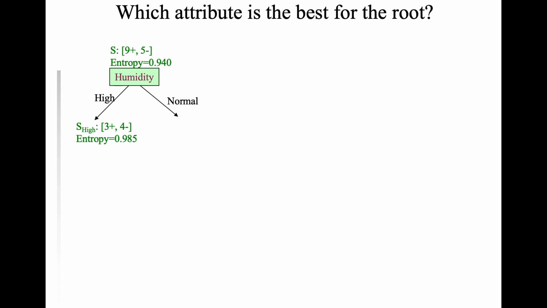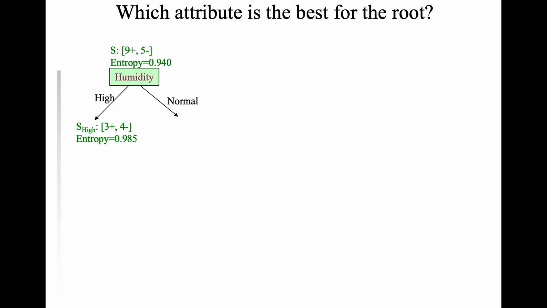What would be the number here? It's the S_i in that example. Do you remember that I said it's a partition or a subset of our data? Now that subset refers to those days that humidity is high.